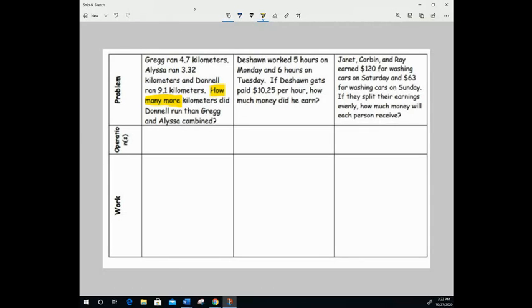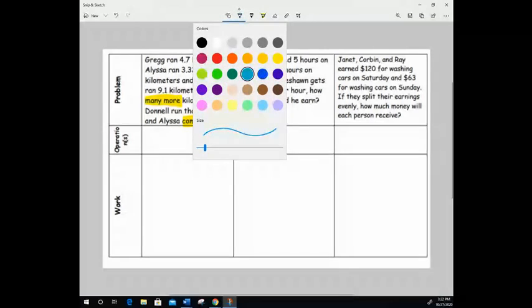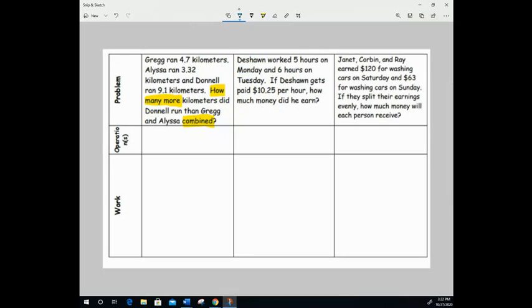I also noticed that it says combined, and when I see combined, I'm thinking some addition is going to be involved. So this is going to be a multi-step problem where we're doing two different operations, addition and subtraction.